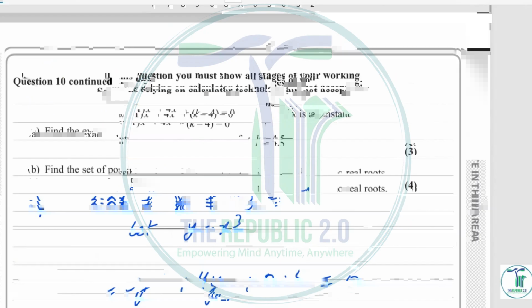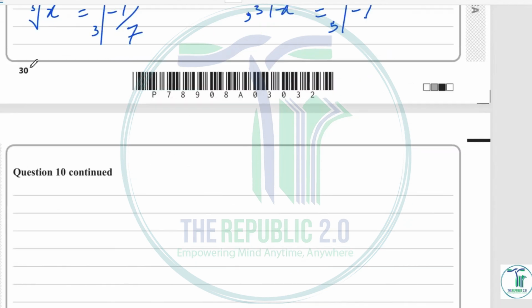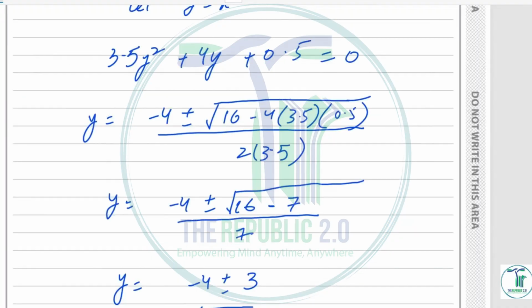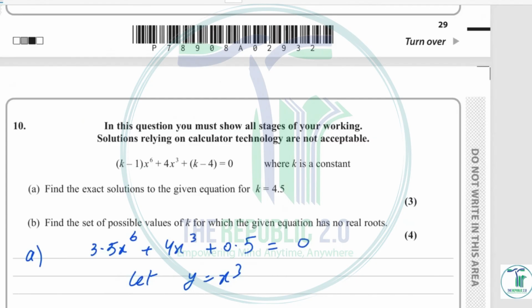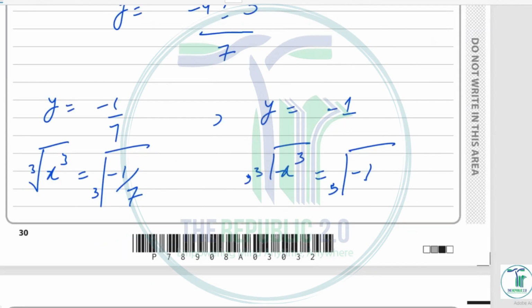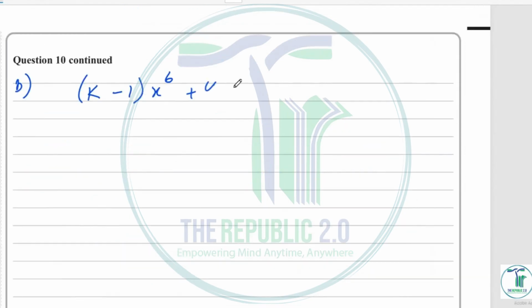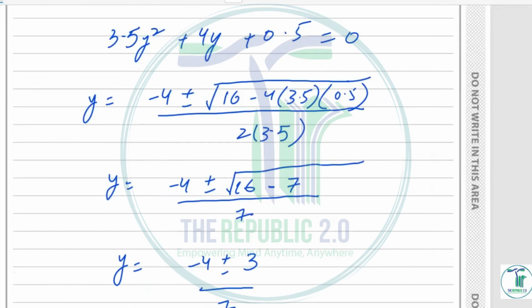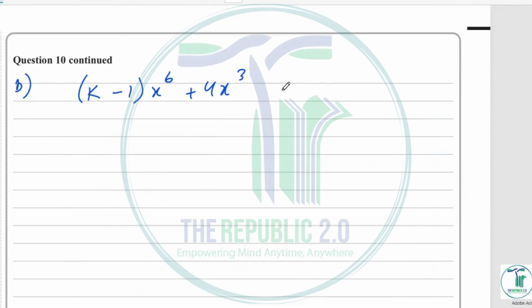So what I'm going to do is rewrite that equation. And I must have, k minus 1 times x to the power of 6 plus 4x cubed plus k minus 4.